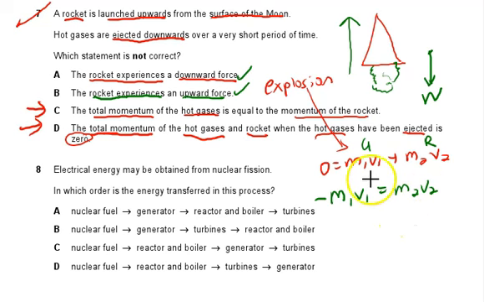So even though C is correct, the total momentum of the hot gas is equal to the momentum of the rocket, the direction must be opposite. They are asking for the not correct, so your answer is C. D is correct because it equals 0. C is partially correct. If they add the opposite direction, then it is correct. So this is for number 7.